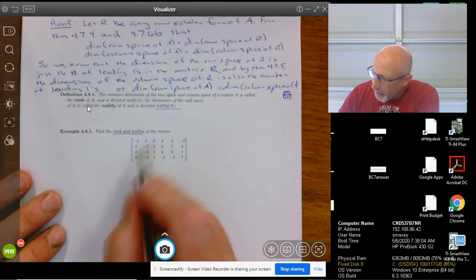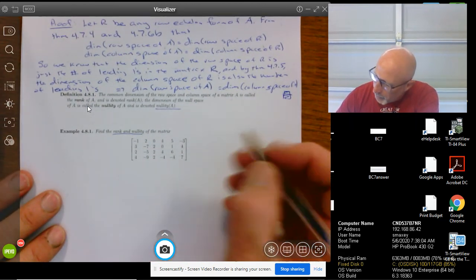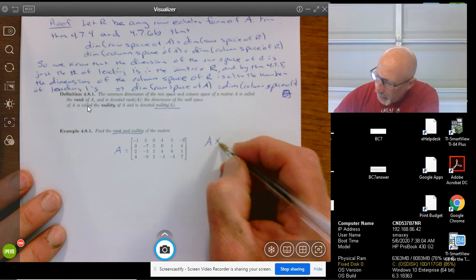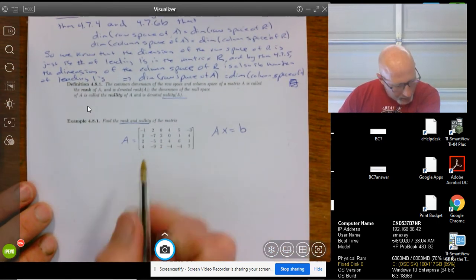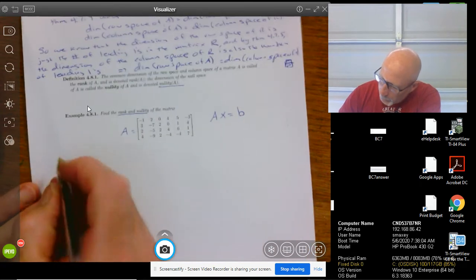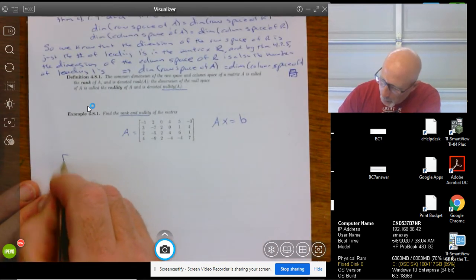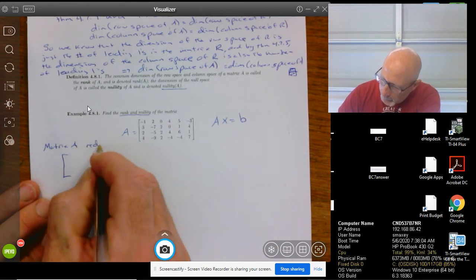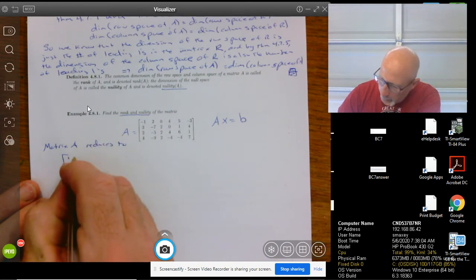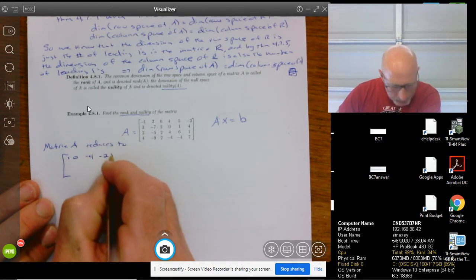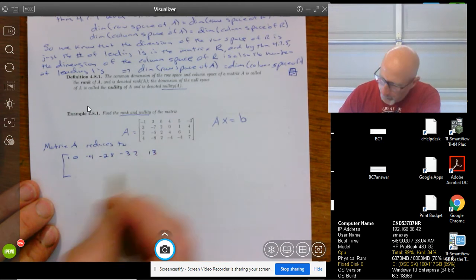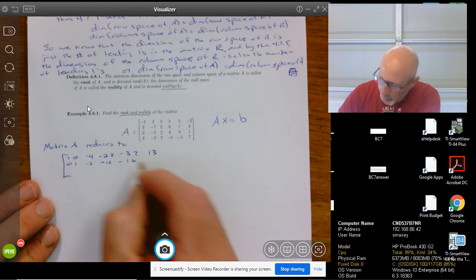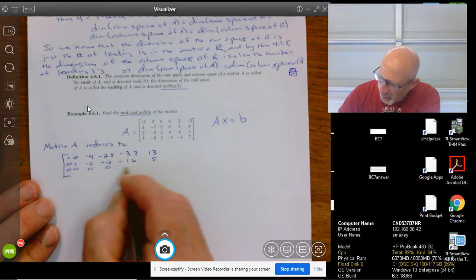So if I have this matrix here, and I'm going to use this as matrix A, and I put it into the system of equations Ax = b, then this matrix A reduces to: 1, 0, negative 4, negative 28, negative 37, 13, and 0, 1, negative 2, negative 12, negative 16, 5, and then everything else is zeros.